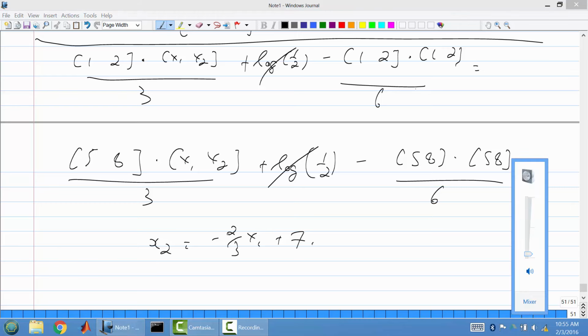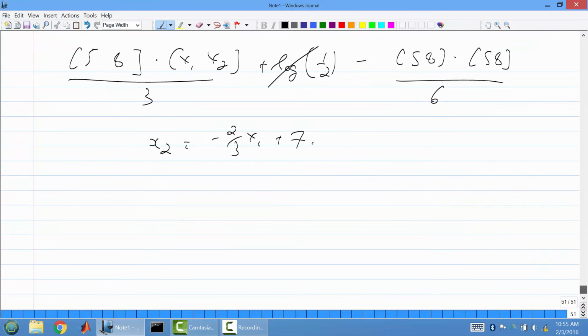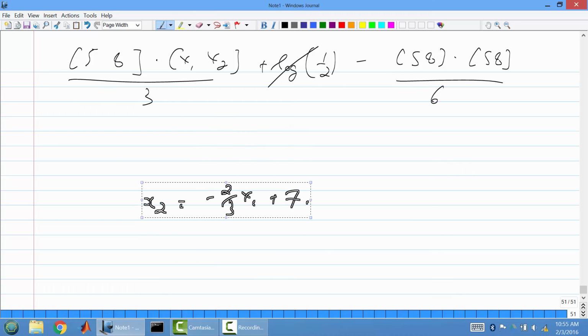So this means that the decision boundary, before I do that, let me just move this down. What will happen is you'll get minus 4 over 3 x1 minus 2 x2 plus 14 equals 0. And then I rearranged for this, so you get this over here.